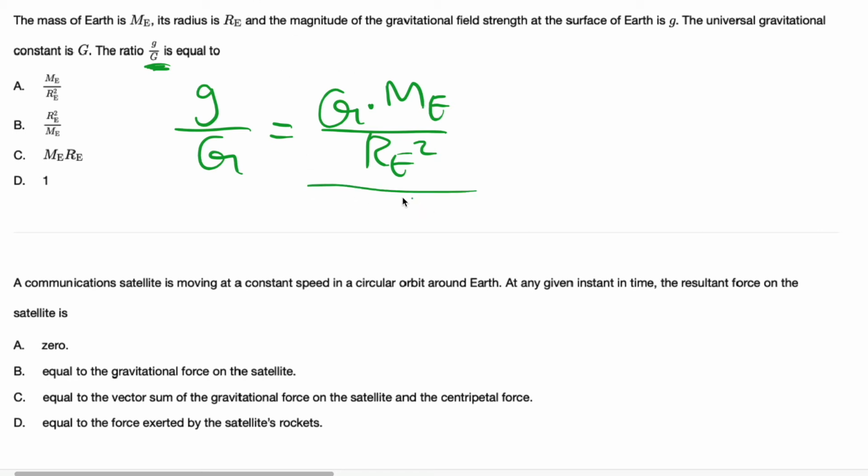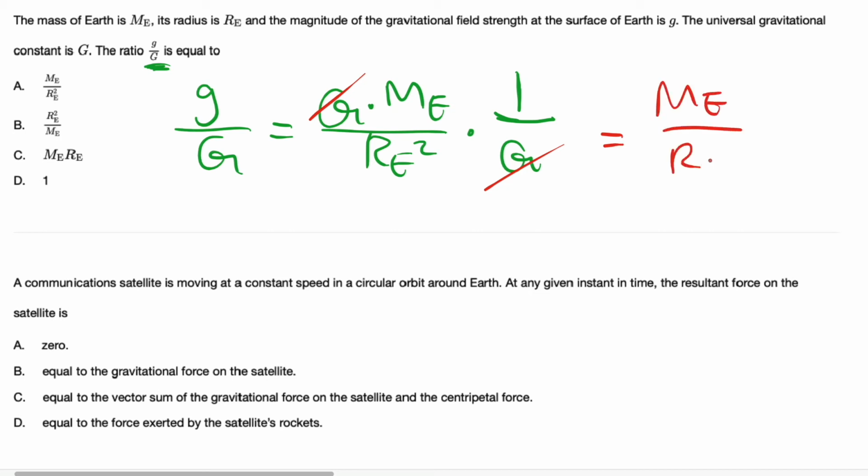So here it's divided by G. Oh, sorry, so G should be placed here. Right, and now we can cancel the G constant. So it's equal to m_e over r_e squared. So A is the correct answer.